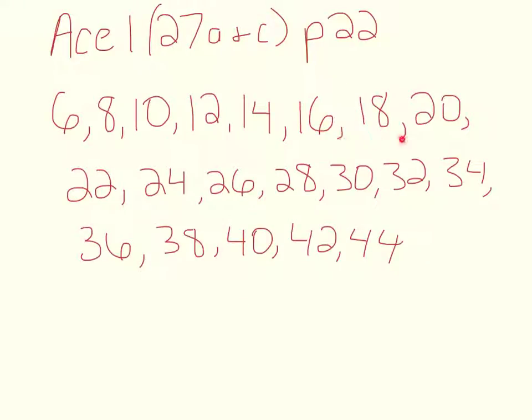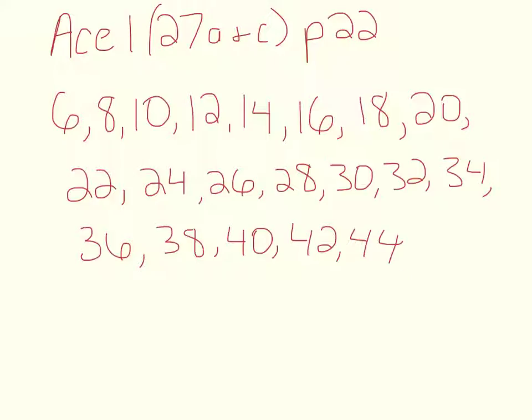Here are 20 values that add up to 500. All I did was count by twos. Since 500 is an even number, I knew that if I did this by twos, I would be able to end up with 500 eventually.